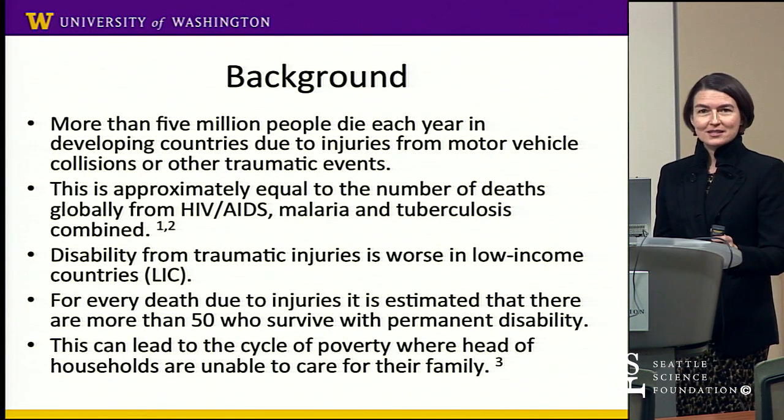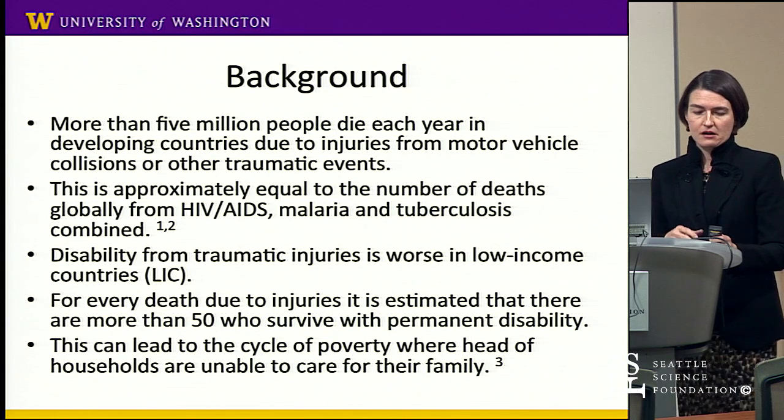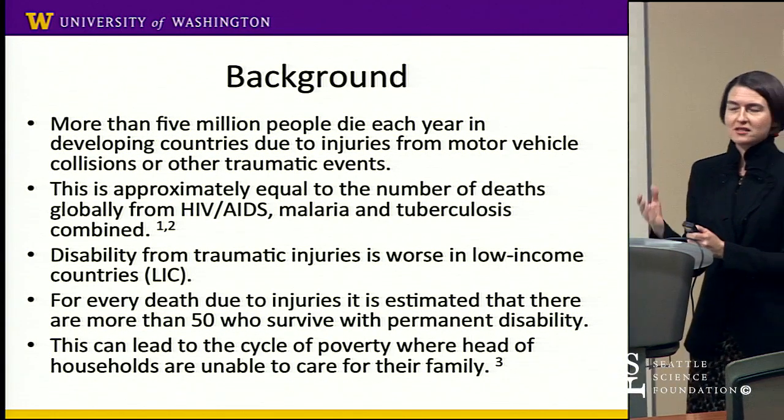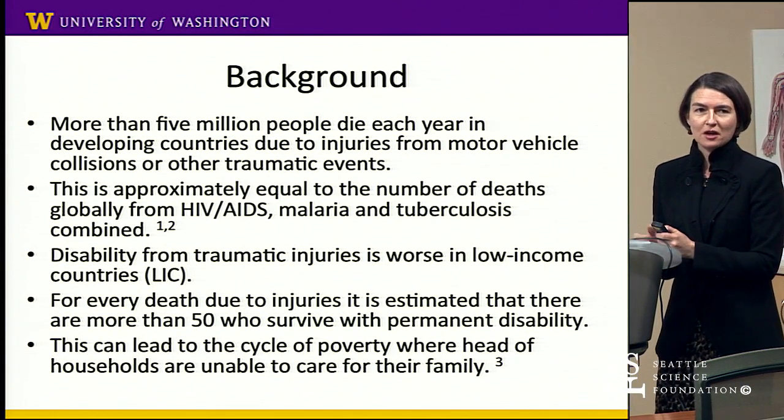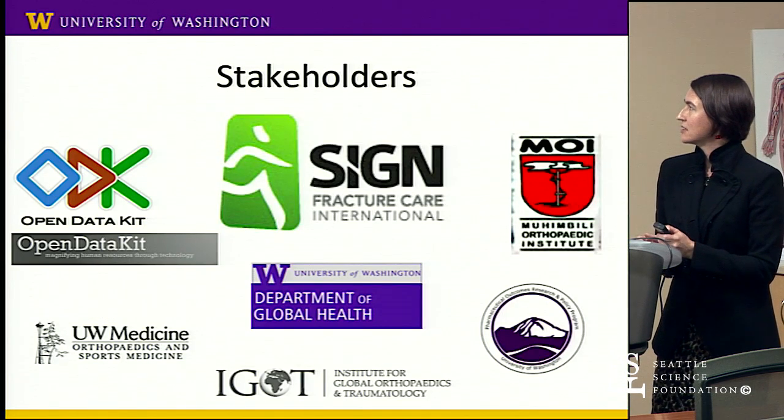And there's this niche that's missing that Dr. Zirkle has really been able to capture: there are a lot of fracture events, and they actually lead to more disability in people who, if they get the right treatment early on, can then go on and lead fulfilling lives. So I think Dr. Zirkle had come and done a grand rounds at UW, and it really stuck with me, the work he was doing. And so that's what then led to my interest in this.